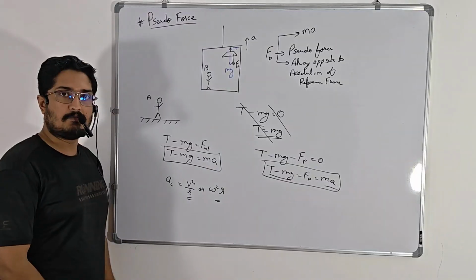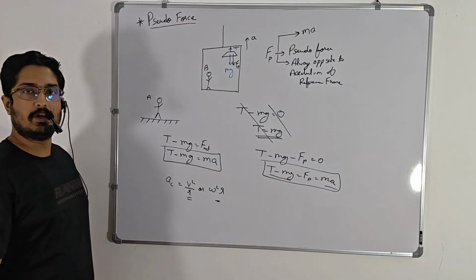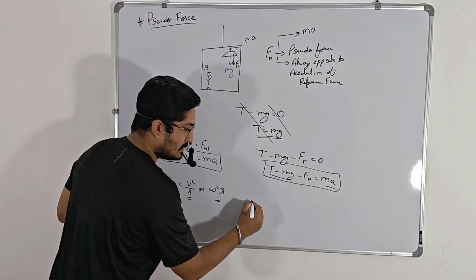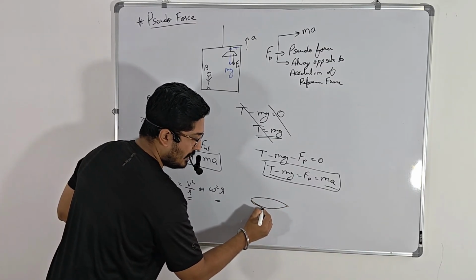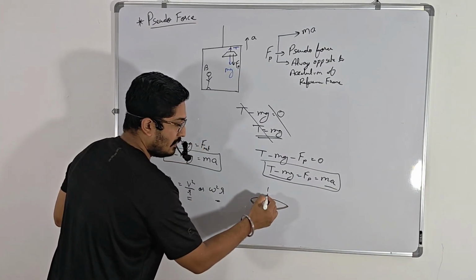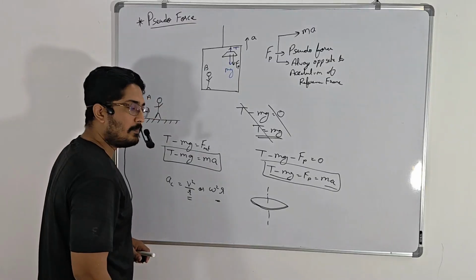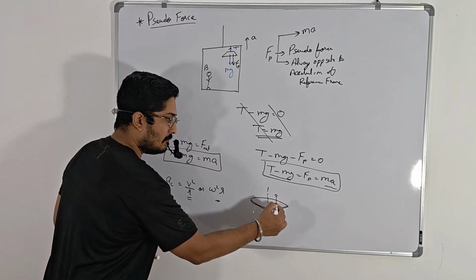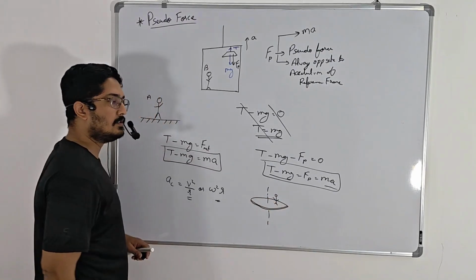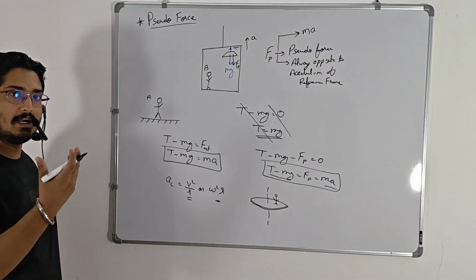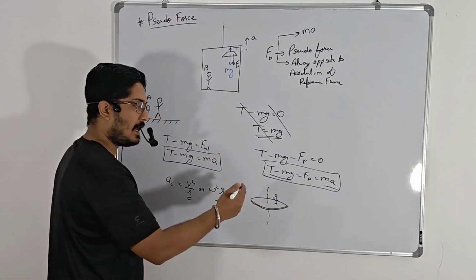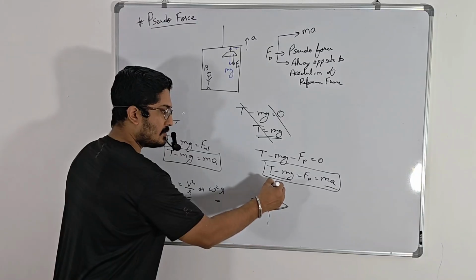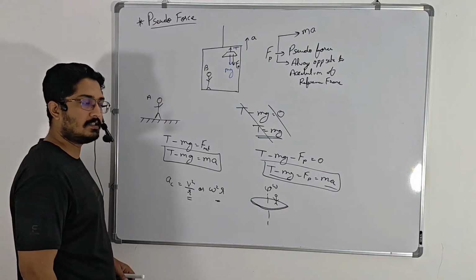Now we just learned pseudo force is given as mass into acceleration. So imagine a disk which is rotating, and a person is standing on this disk. Our observer is on the disk, and the disk is undergoing a rotation with, let us say, omega angular velocity.